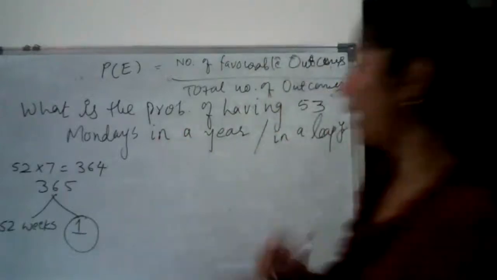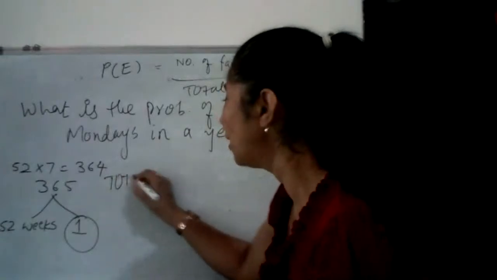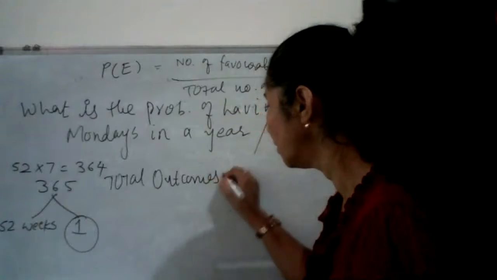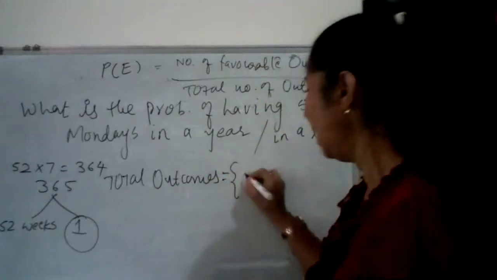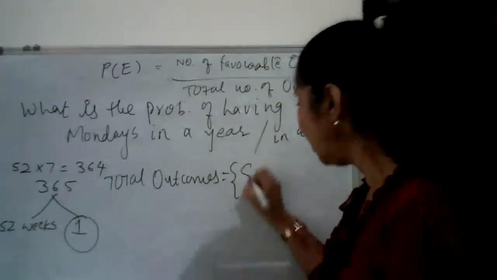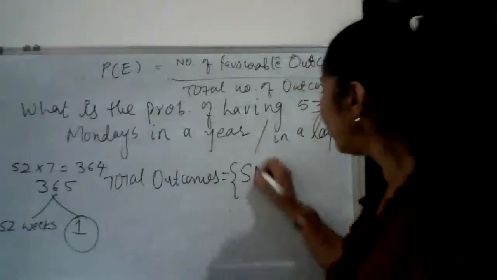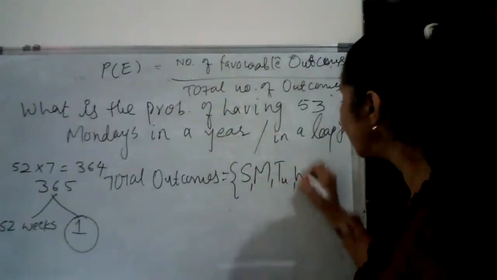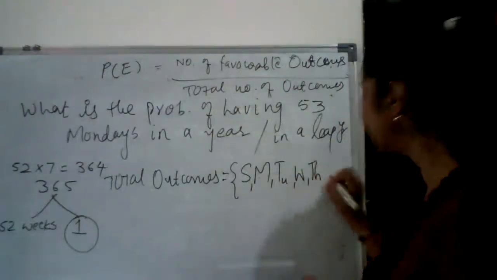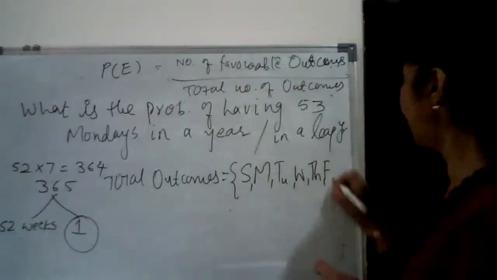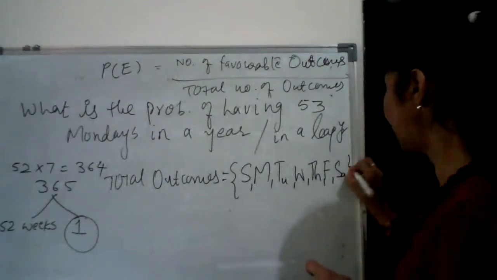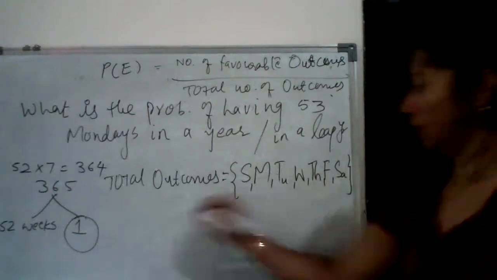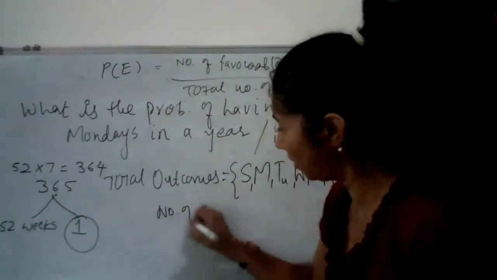And that is why our total outcome is, starting with a shortcut please, either it is Sunday, or Monday, or Tuesday, or Wednesday, or Thursday, or Friday, or Saturday. 1, 2, 3, 4, 5, 6, 7. So number of total outcomes कितने हो गए आपके?